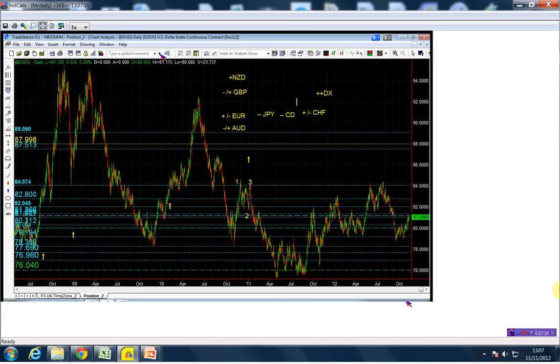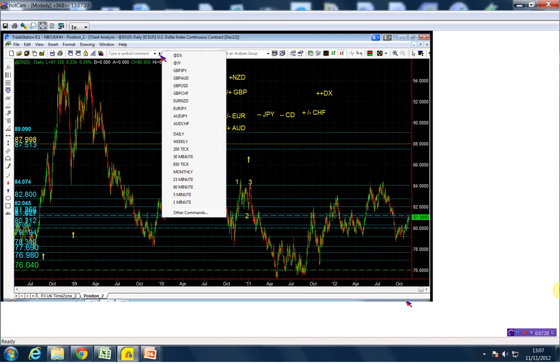The next one we're going to look at is the other strong currency from last week, which is the Japanese yen.